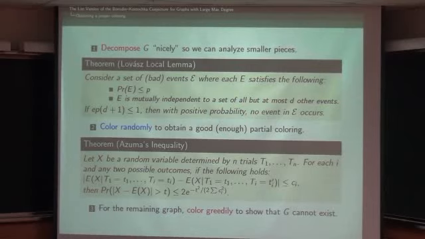So the first step is you grab a minimum counterexample, and then you decompose it nicely. So we try to apply this local lemma, because the local lemma says even though some bad events are dependent on each other, we can still bound the probability. And then we will color it randomly. We will apply this naive coloring procedure, and we will force a good enough partial coloring.